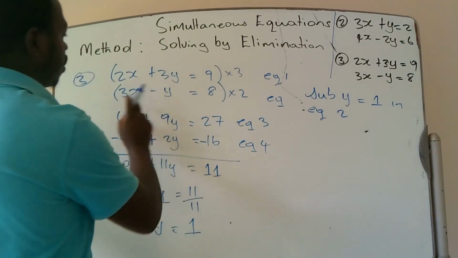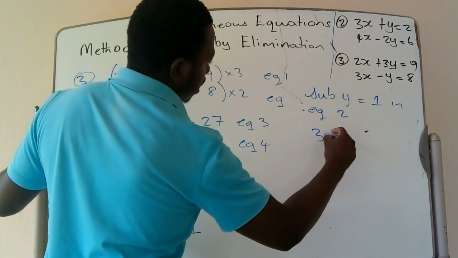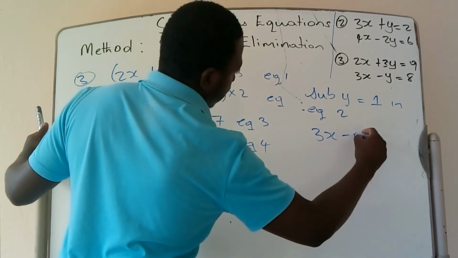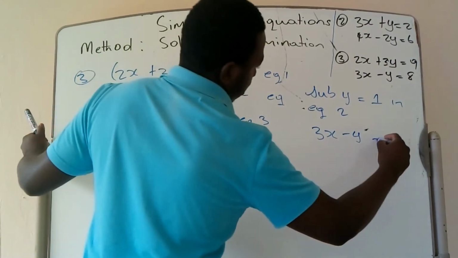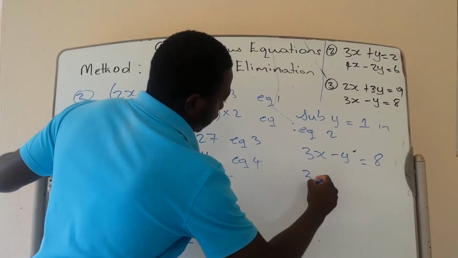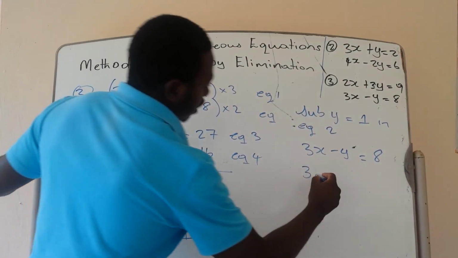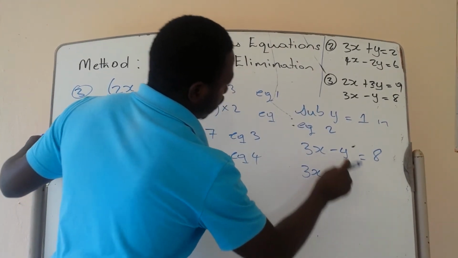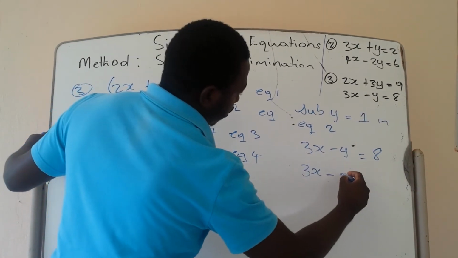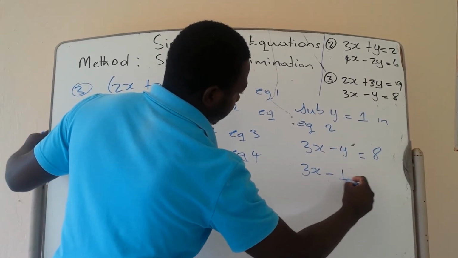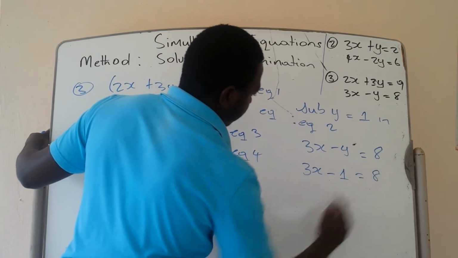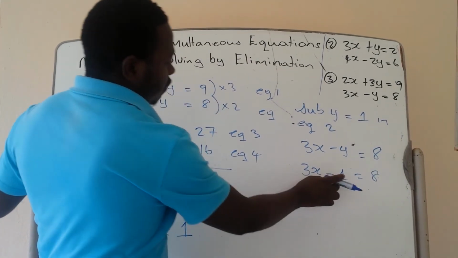Now what was equation 2? Equation 2 is 3x minus y equal 8. Keep our 3x minus y. But what is y? y is 1. So we just put 1 there, equal 8.